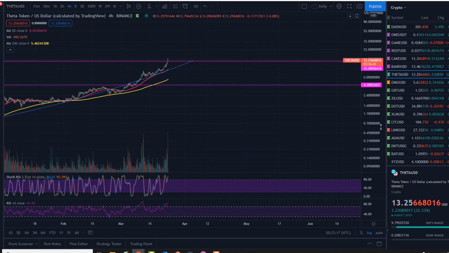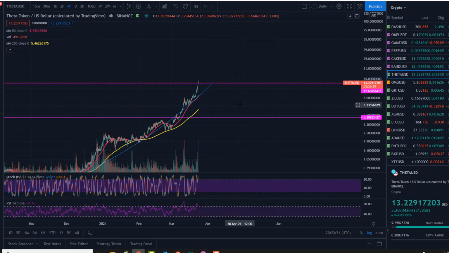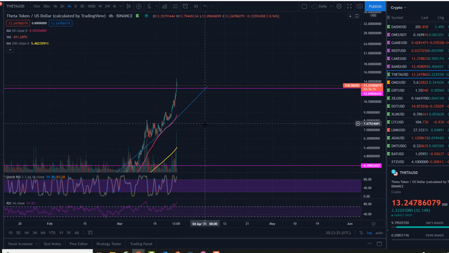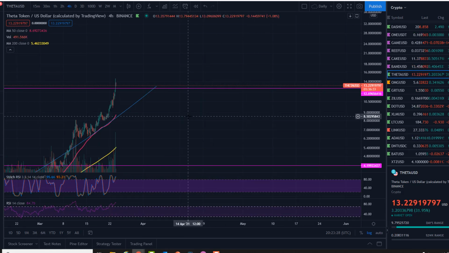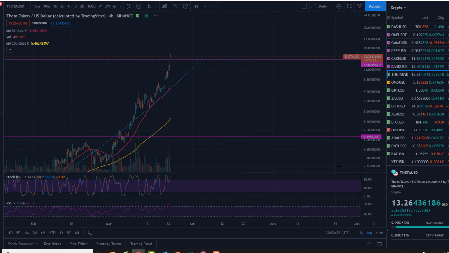I always had a kind of a resistance target of 1269 for Theta. It's kind of shot through that. It probably will pull back. I think it's definitely due for a correction. It's a long way from its 50-day, 200-day moving average. So it definitely has the opportunity to want a pullback.